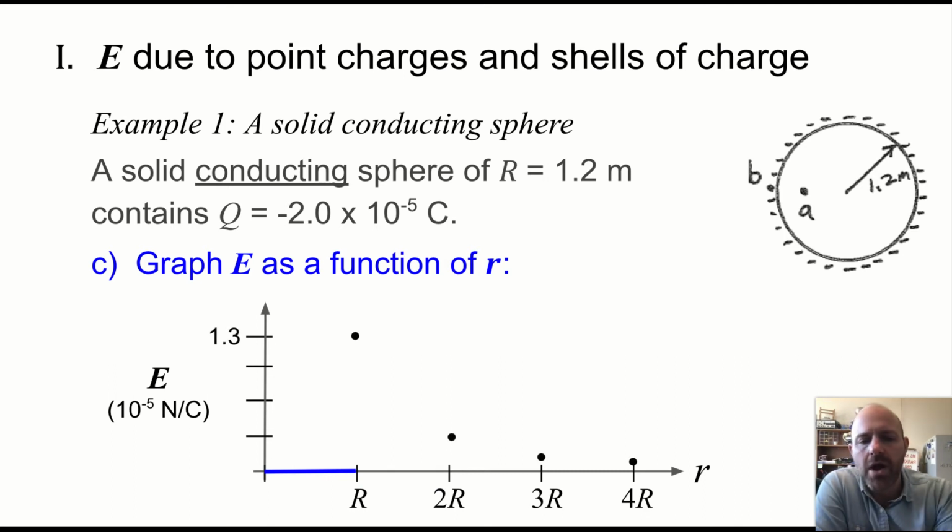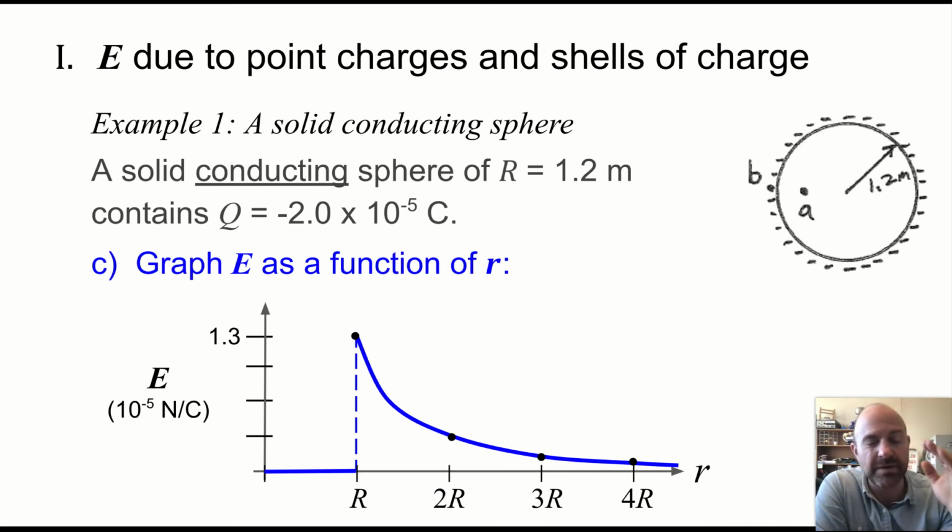And then from R out to infinity, it goes like 1 over R squared. Something like that. It's not exactly a 1 over R squared line, but you get the idea. So 0 electric field, then it jumps up to maximum at R when you're on the surface, and then it falls off as you go outward.